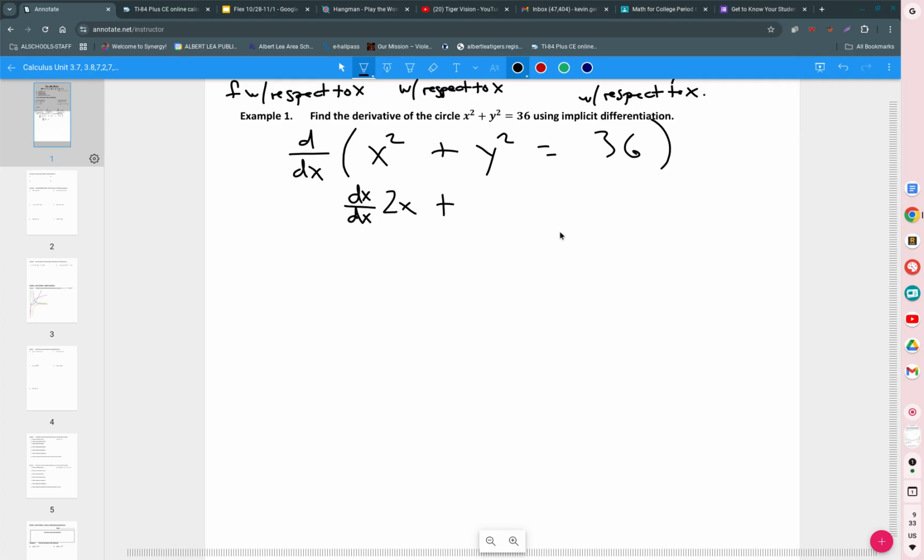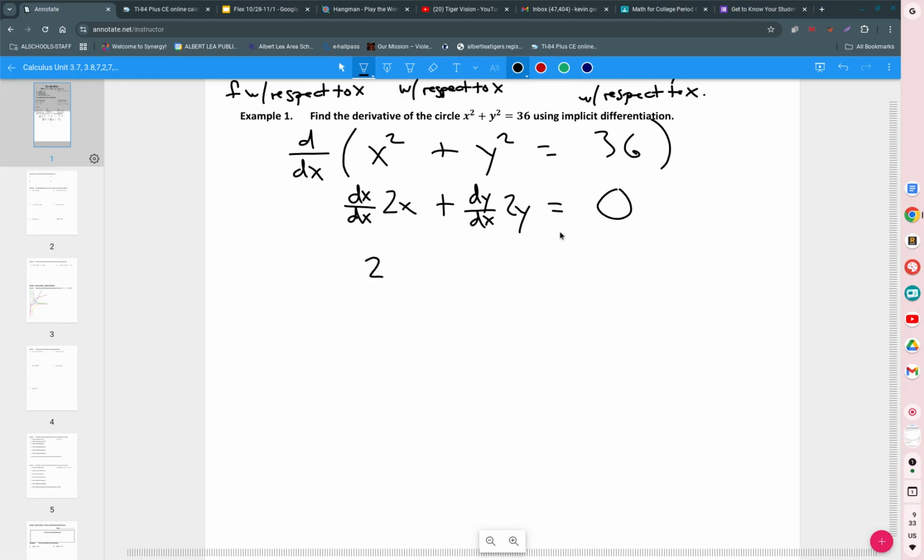Plus, what would you say is the derivative of y squared? 2y. So we're going to say that one of the y's got absorbed by the derivative. What's the derivative of 36? 0. dx over dx is just 1.